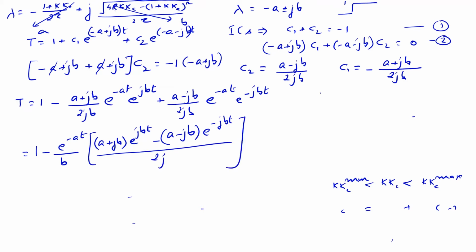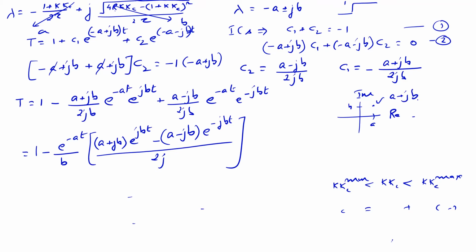And so this complex number a plus jb, a is a positive number, b is a positive number, so the complex number a plus jb is like this on the complex plane. This is the real part, that's the imaginary part. This is a and this is b, so this is your complex number a plus jb.